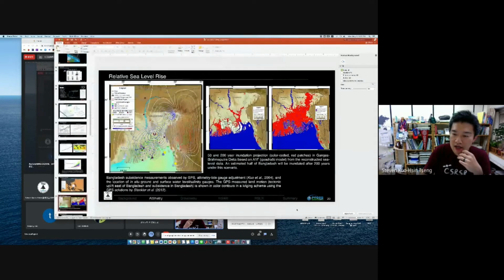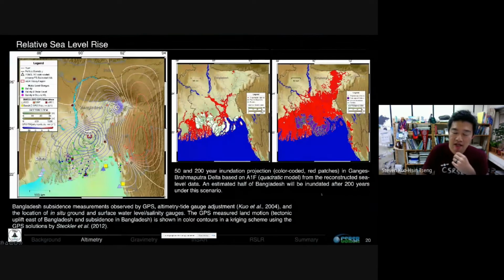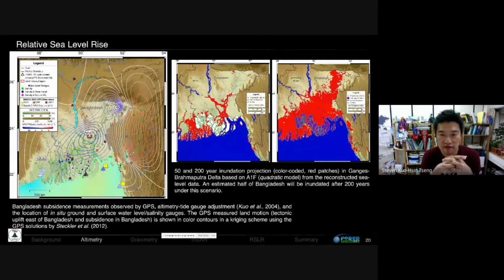Okay, so when we talk about the term relative sea level rise, it's the relative motion between the sea level and the land. Because in most coastal areas, the land is sinking and the sea level is rising. So actually the rate is higher than we can imagine.